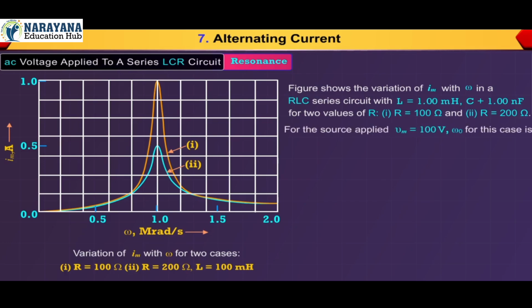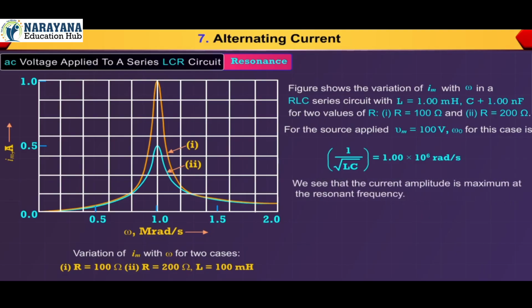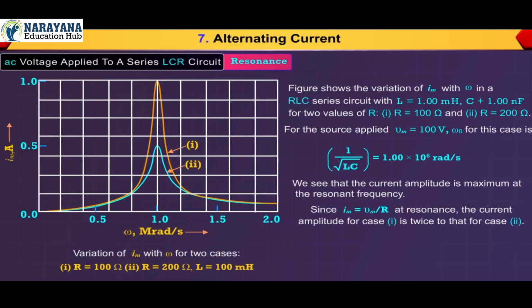For the source applied, Vm = 100 volt. ω0 for this case is 1/√(LC) = 1.00 × 10⁶ radian per second. We see that the current amplitude is maximum at the resonant frequency. Since Im = Vm/R at resonance, the current amplitude for case 1 is twice that for case 2.